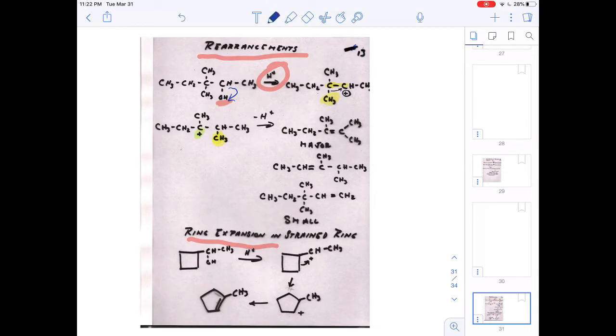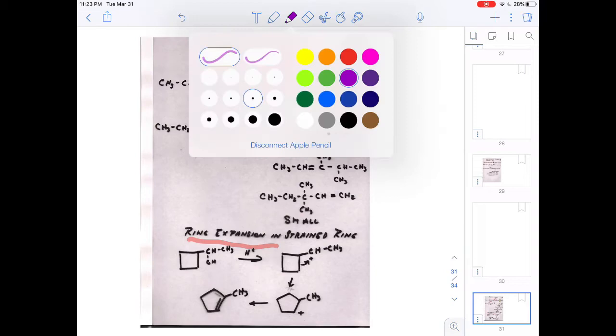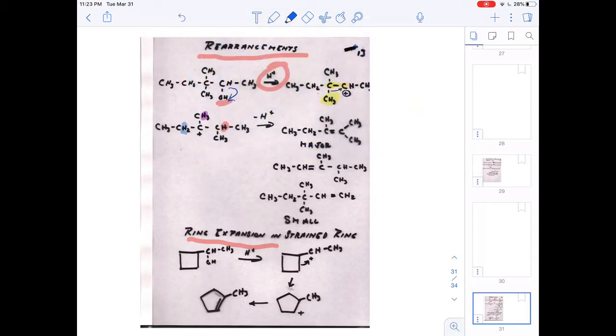Okay, so now you can have your mixture of products because you could either have this hydrogen getting pulled off, or this hydrogen, or even this hydrogen. As long as it's a beta hydrogen, any of them can get pulled.